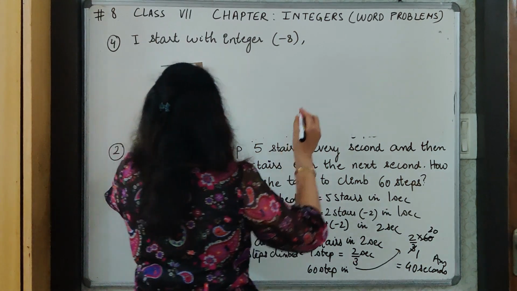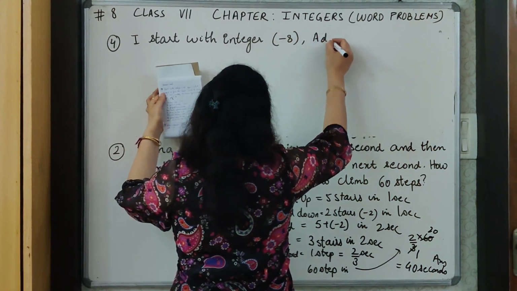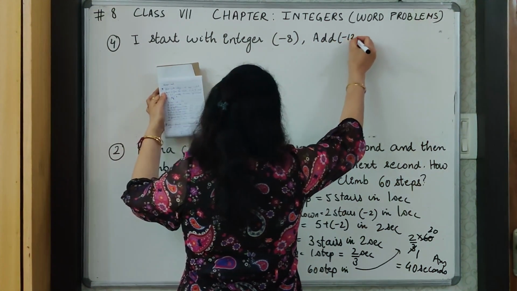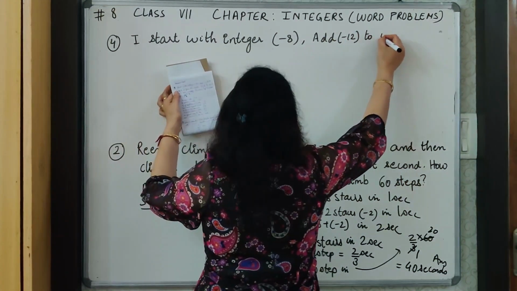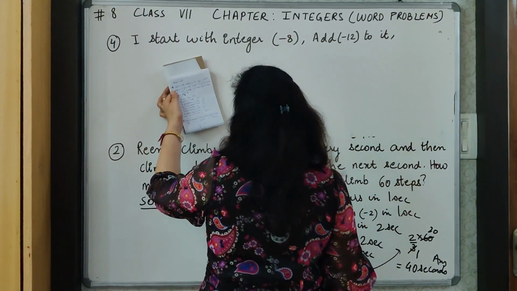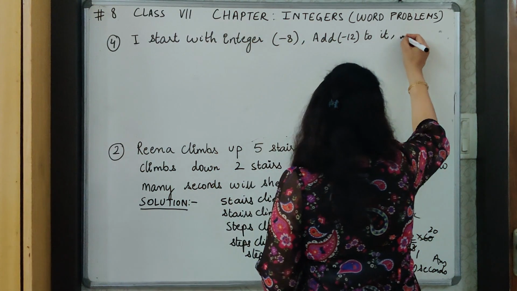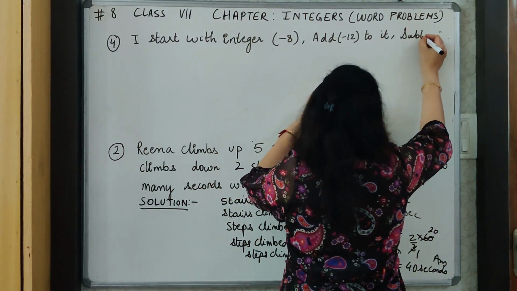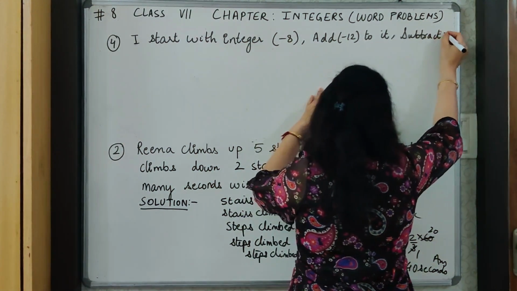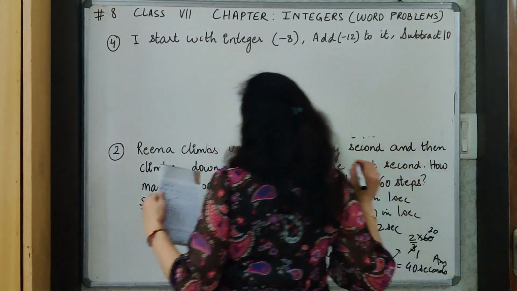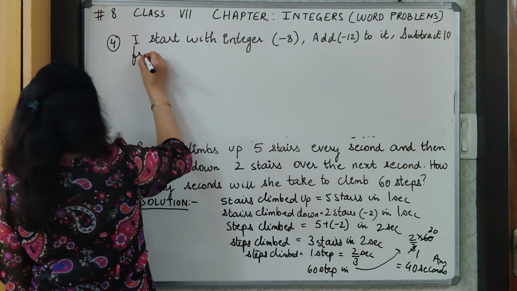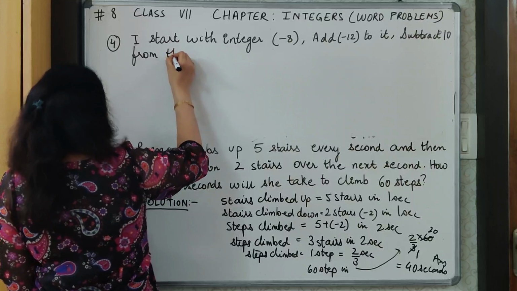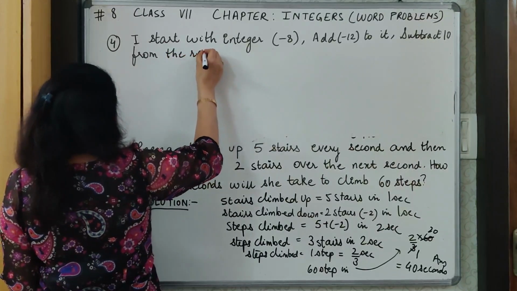Then it says add -12 to it. Subtract 10 from the result.